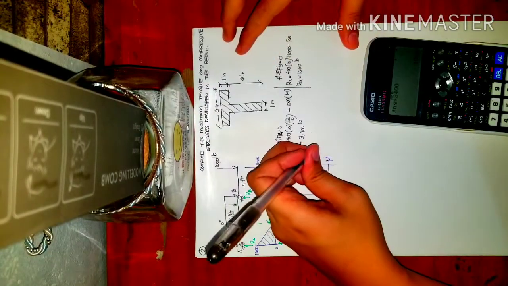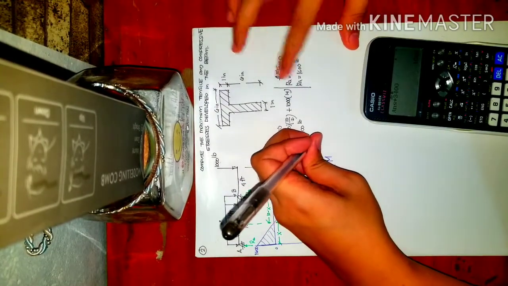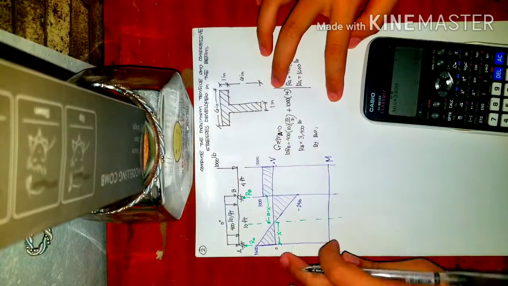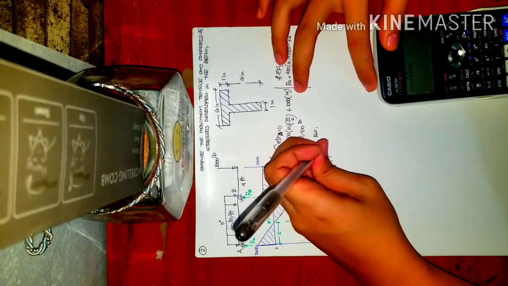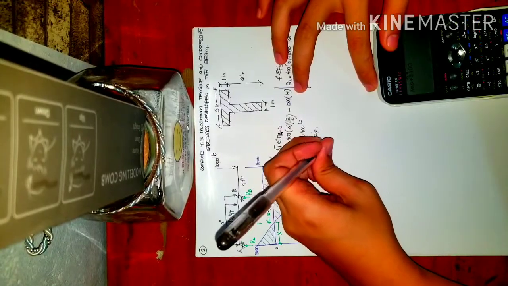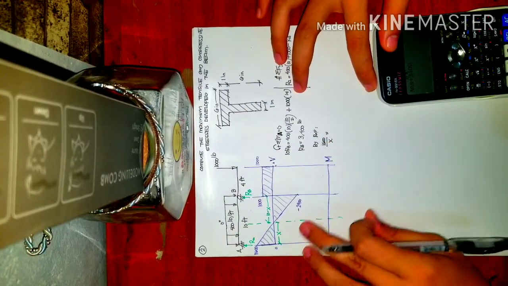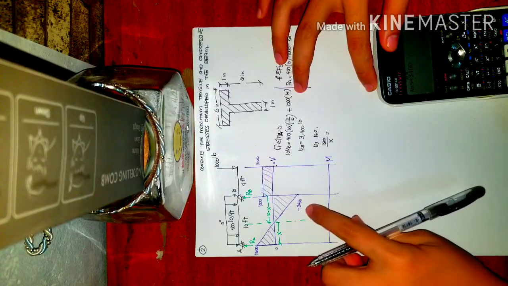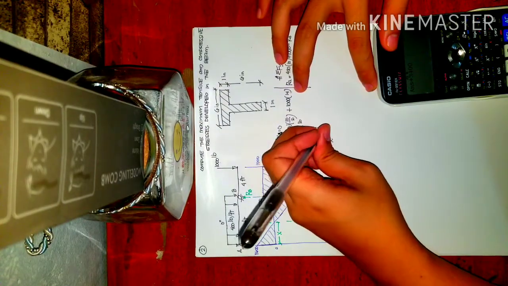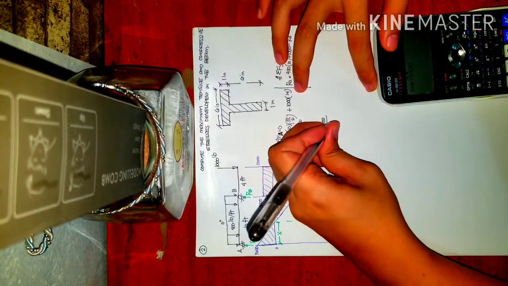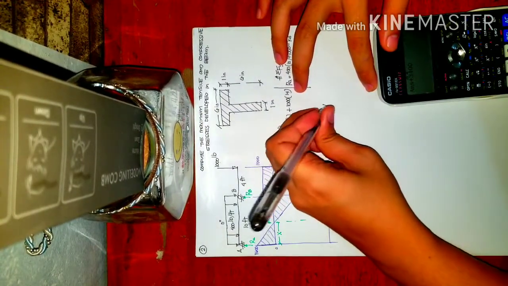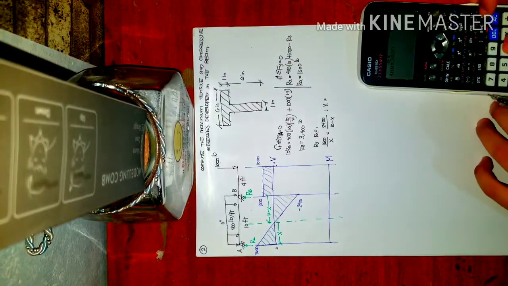Okay, so by RNP, or by ratio and proportion, so 1,600 over x is equals to, so just neglect the negative sign, 2,400 over 10 minus x. So what is the value of your x?